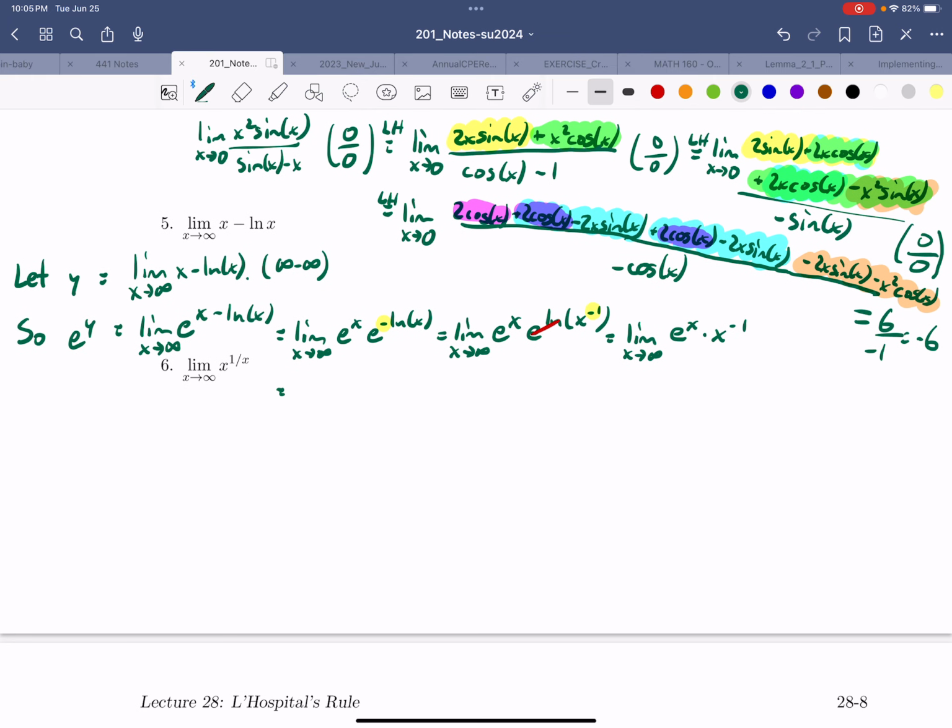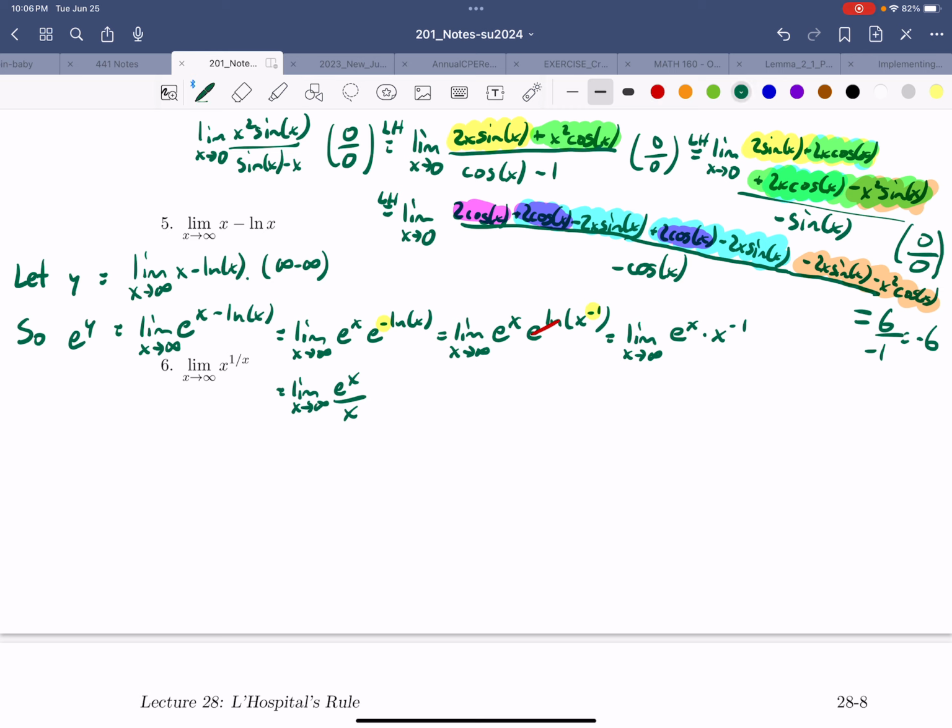By the way, I haven't even used L'Hopital's rule yet. We have the limit as x approaches infinity of e to the x over x, because x to the negative 1 equals 1 over x. Let's just make a note of that. Now I'm going to erase that, so if you want to remember that, go back in the video.